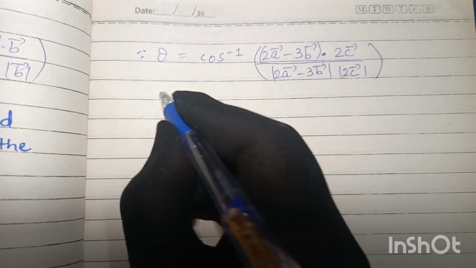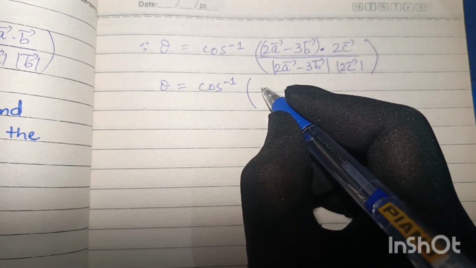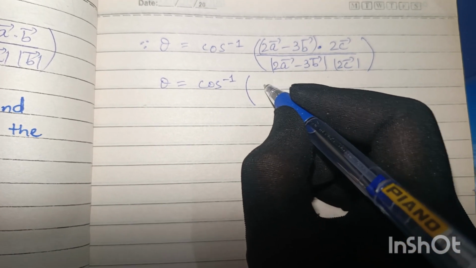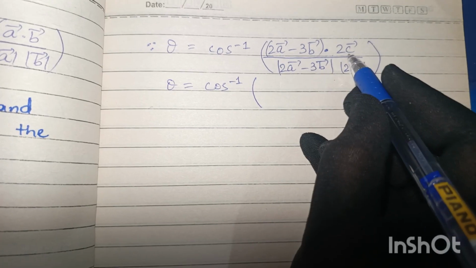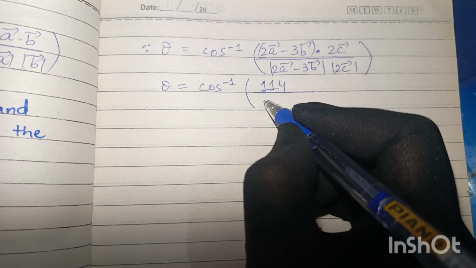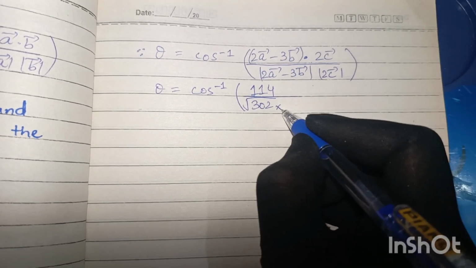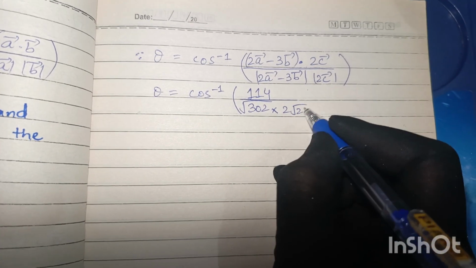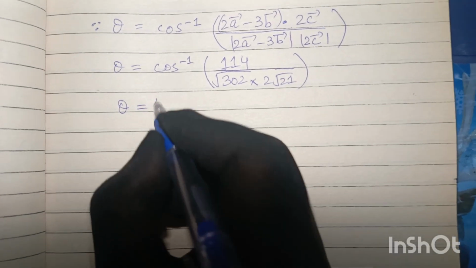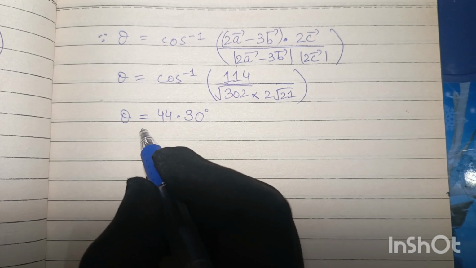Now we put values in this equation. The answer of the dot product is 114 and the magnitude is square root 302, and magnitude of 2C is 2 square root 21. So the answer is 44.30 degree. This is the angle between given vectors.